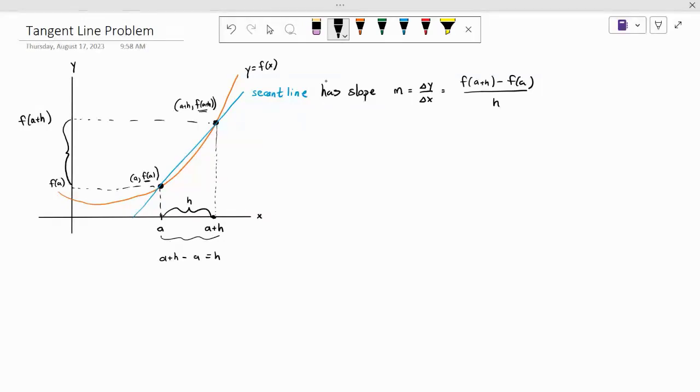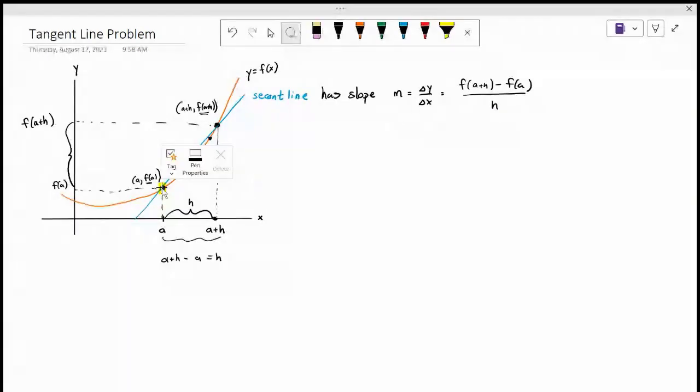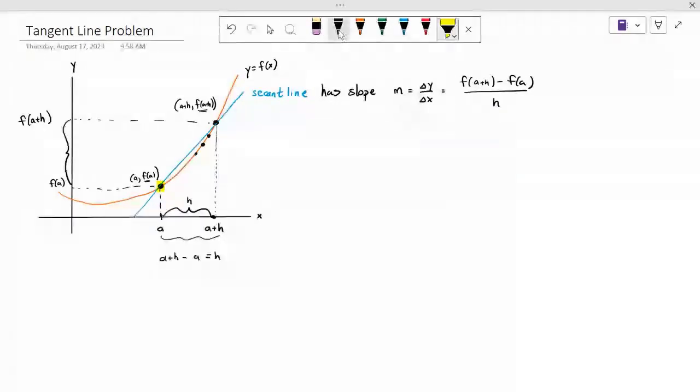And the calculus part then would be this idea of, well, imagine we take this point over here and we move it closer and closer to this guy, right? We're fixing this point here. And we're just going to move this. Each of them has a slope given by this formula.